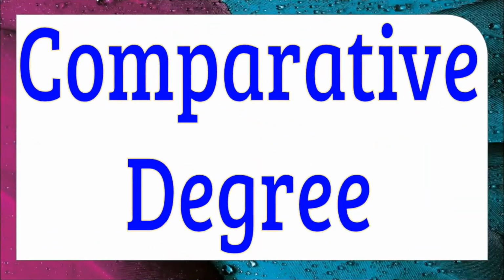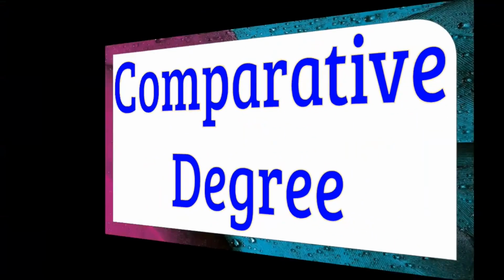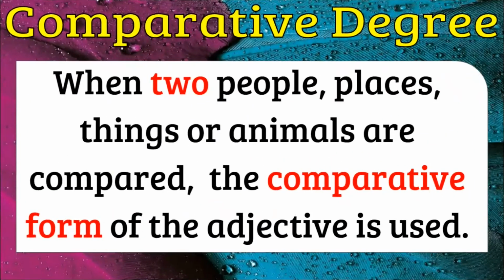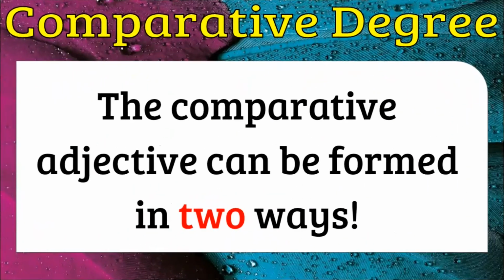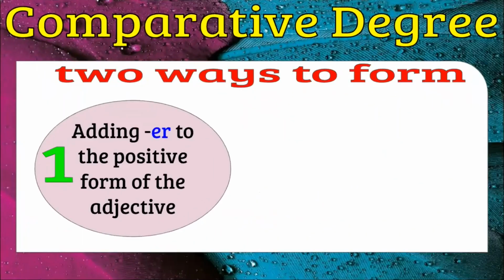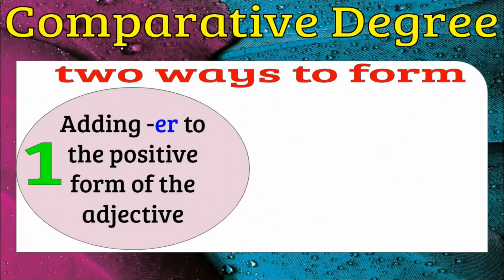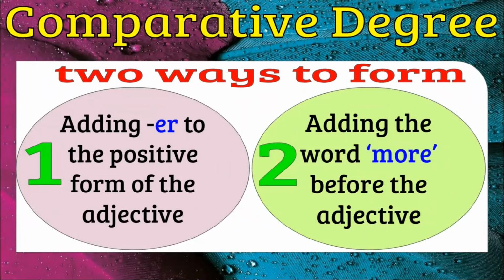Let's move on to the comparative degree. When 2 people, places, things, or animals are compared, the comparative form of the adjective is used. The comparative adjective can be formed in 2 ways. 1. Adding er to the positive form of the adjective. 2.